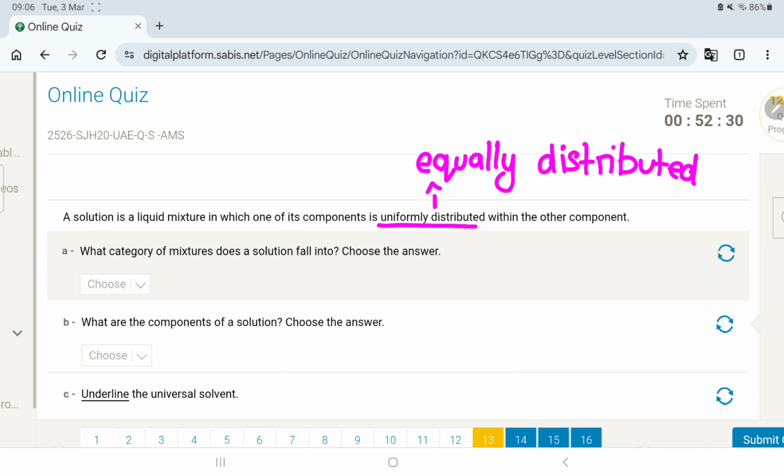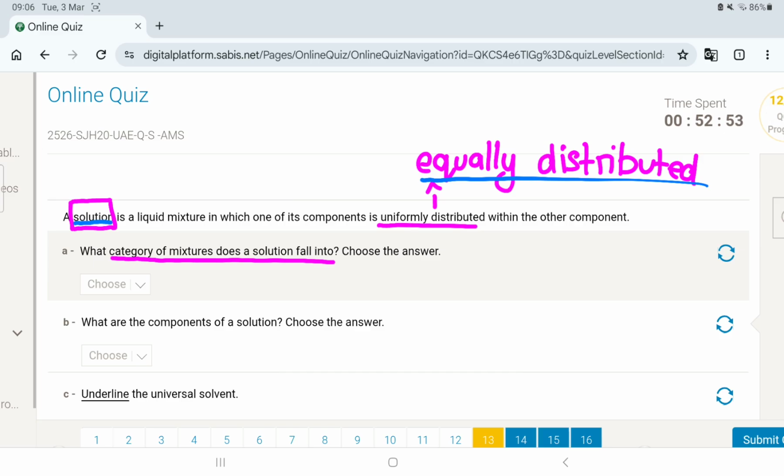Now let's see, a solution. What category of mixture does a solution fall into? Now guys, here you have two obvious hints: one, equally distributed, and two, a solution. What did we say a solution is? Can you see the different parts of a solution?